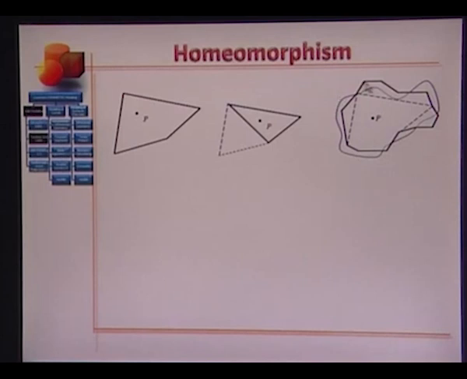In other words, you can take any closed simple polyline and stretch it out to form a circle. Vice versa, you can take the circle and distort the periphery or the perimeter of the circle in any manner to get any closed loop.